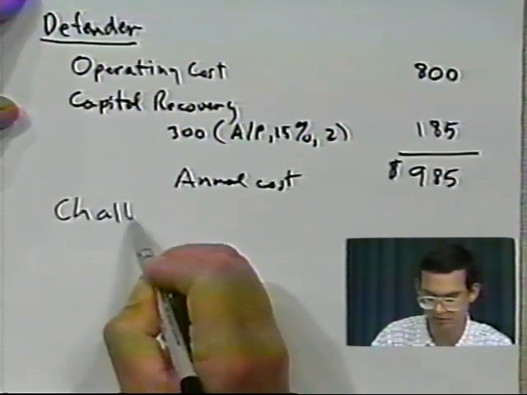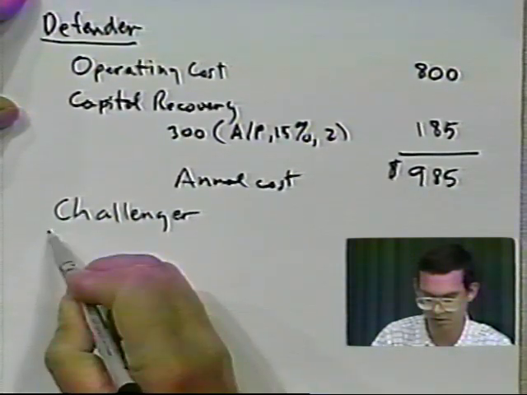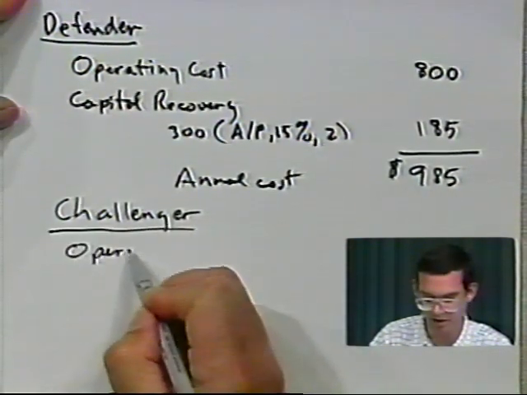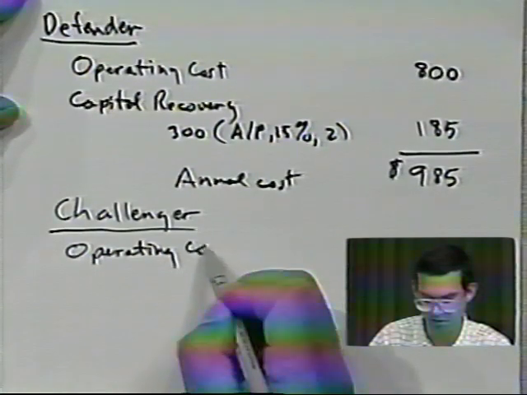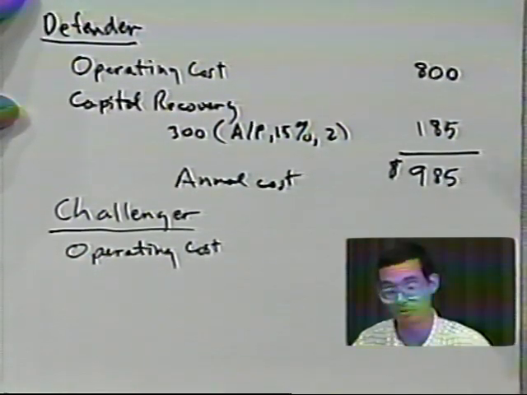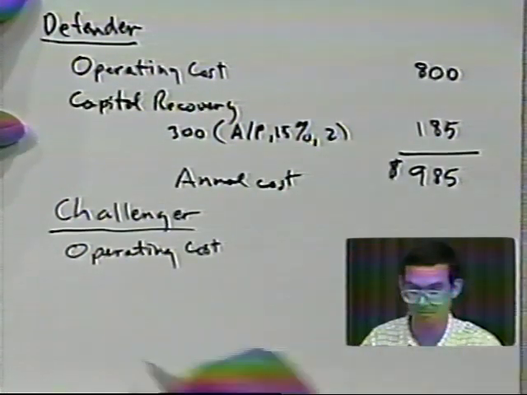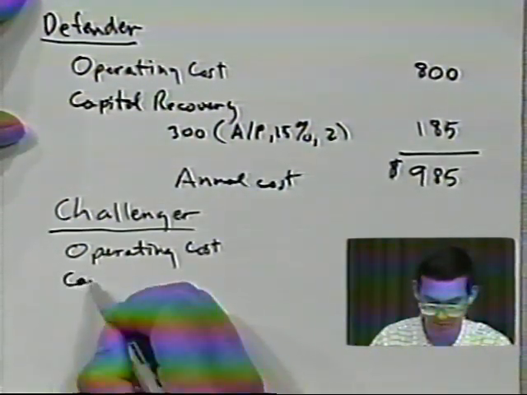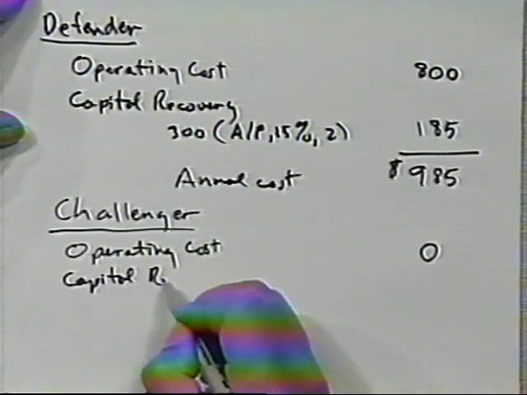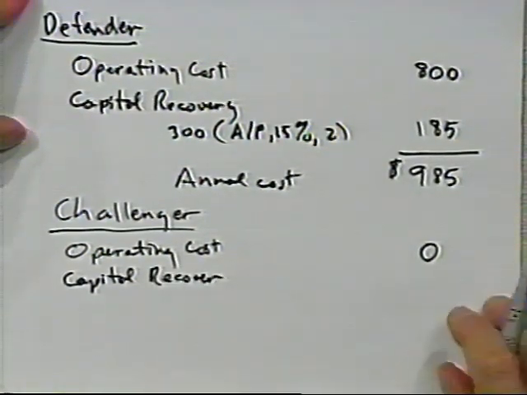For the Challenger, the operating cost, because we put the $800 in benefits as an operating cost to the Defender, is 0. And the capital recovery is a little more complicated.